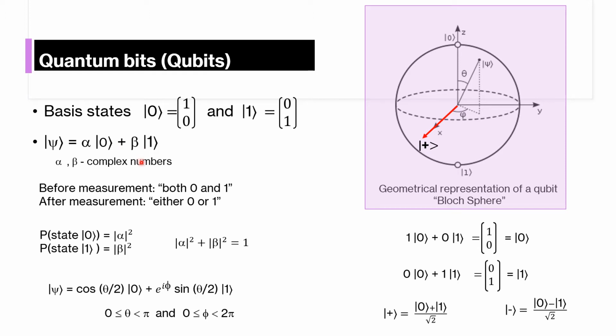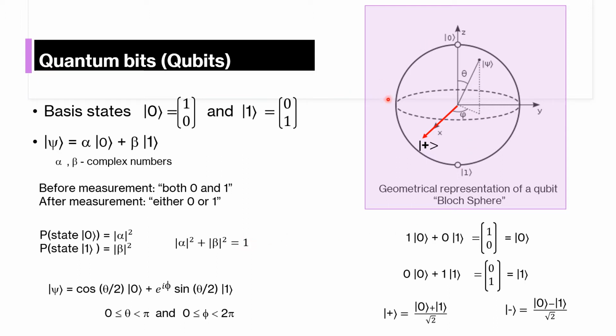Before we perform a measurement, a qubit can be in both 0 and 1 states, but after we measure, it collapses into either 0 or 1. So the probability of obtaining state ket 0 is alpha squared, and the probability of obtaining state ket 1 is beta squared. Obviously, the total probability should be equal to 1.